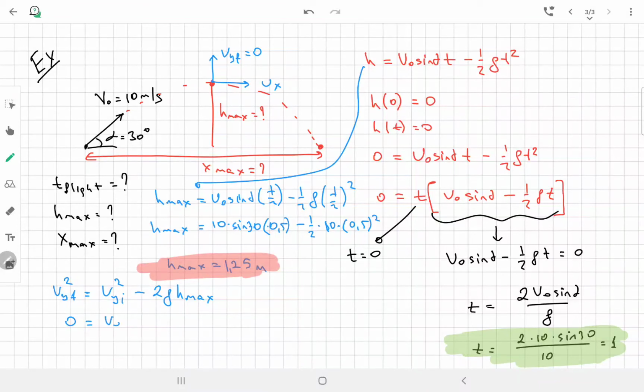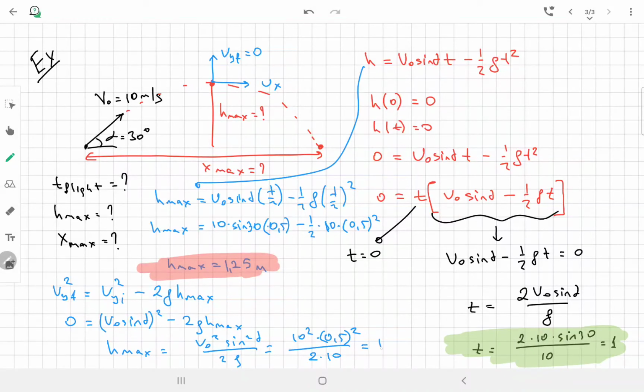Initial velocity, we know v0 times sine alpha, square, minus 2g height max. So from here, maximum height equal to v0 square sine square alpha over 2g, and 10 square sine 30 is 0.5 square over 2, and gravity 10.